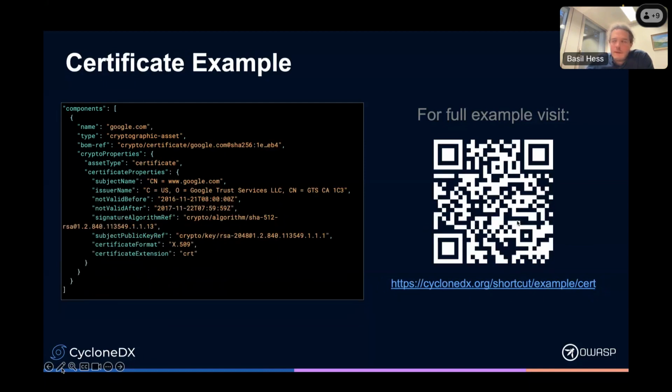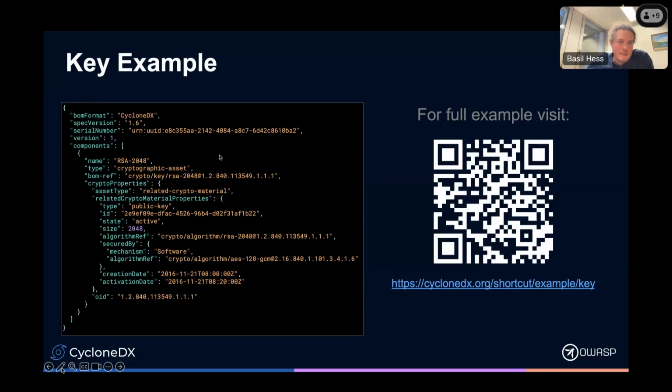Then here, I think this example is about how to express information about certificates. So here we can have basically properties to express all the X509 fields. And then finally, this is an example about keys. So here we have an RSA 2048 key, right?